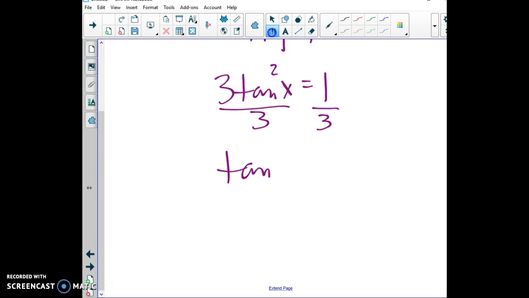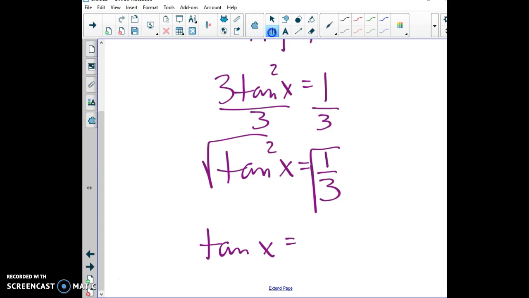We get tangent squared x is equal to 1/3, and we want to find tangent. So we end up with tangent x is equal to 1 over the square root of 3. We've got to radicalize that denominator, multiplying top and bottom by square root of 3. We get square root of 3 over 3.